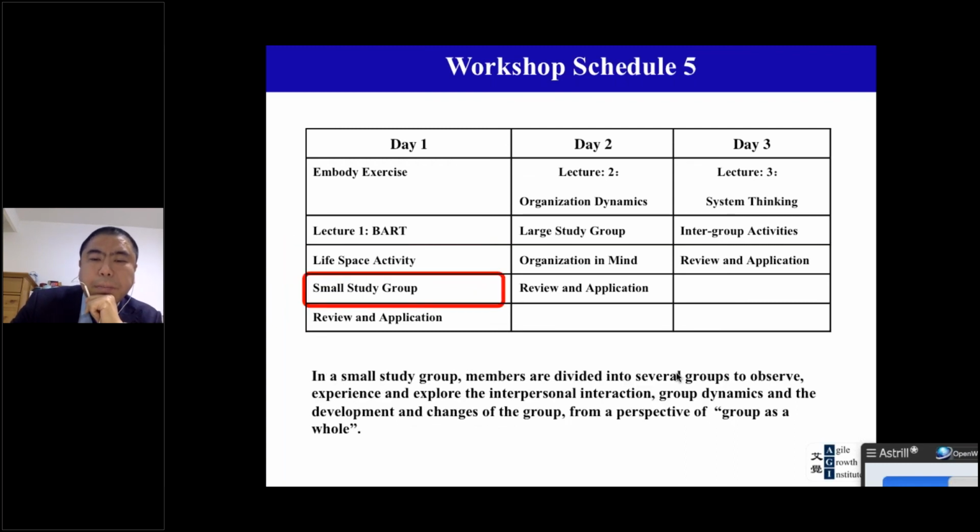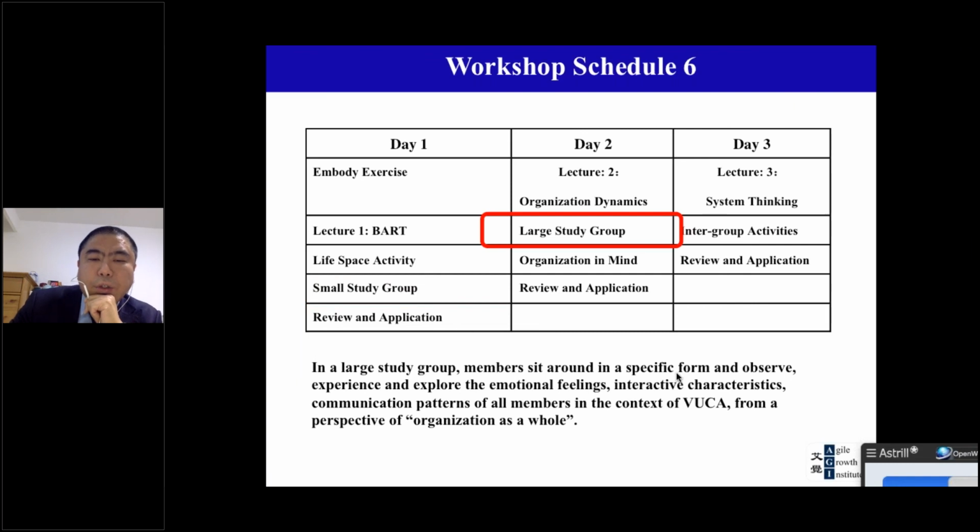In the small study group, members are divided into several groups to observe, experience, and explore the interpersonal interaction, group dynamics, and the development or change of a group from the perspective of group as a whole. In a large study group, members sit around in a specific form to observe, experience, and explore the emotional feelings, interaction characteristics, and communication patterns of all members in the context of VUCA from a perspective of organization as a whole.